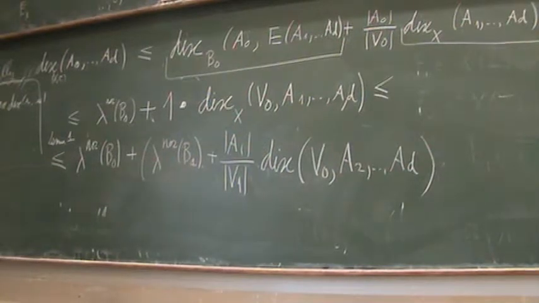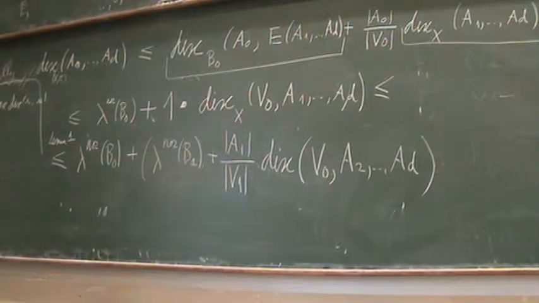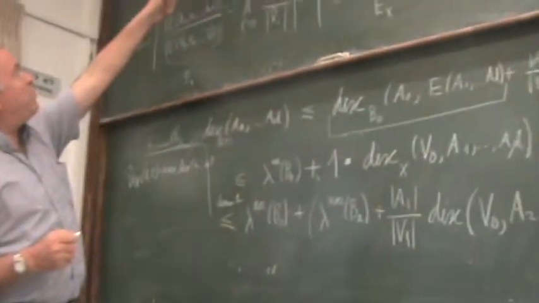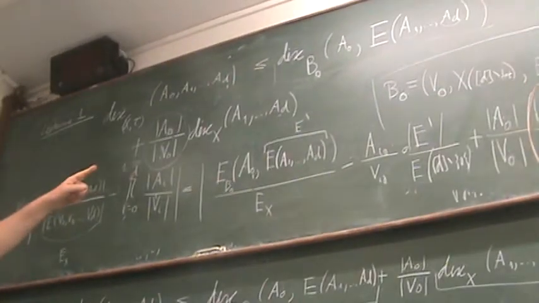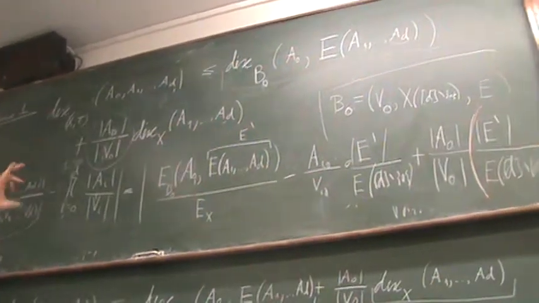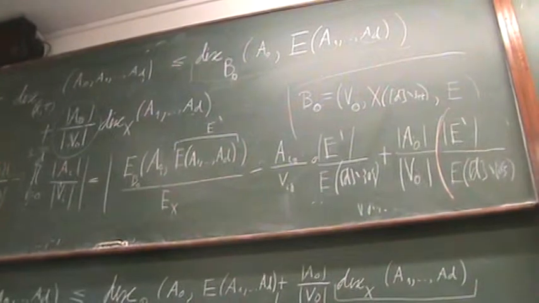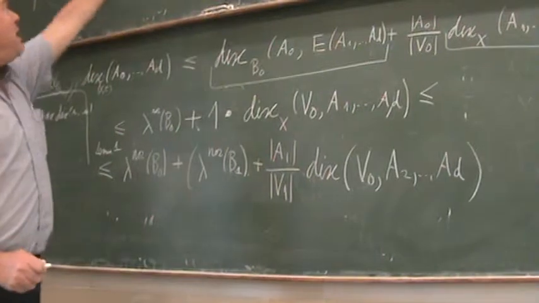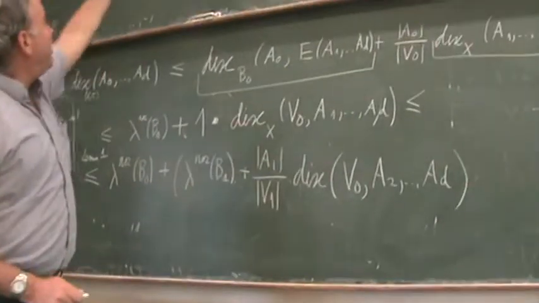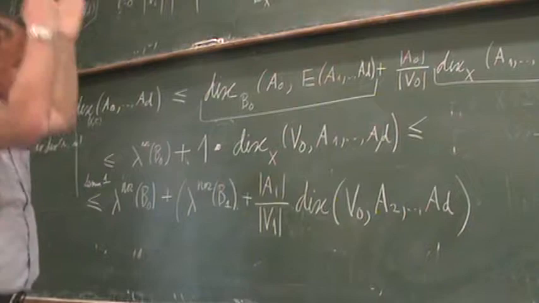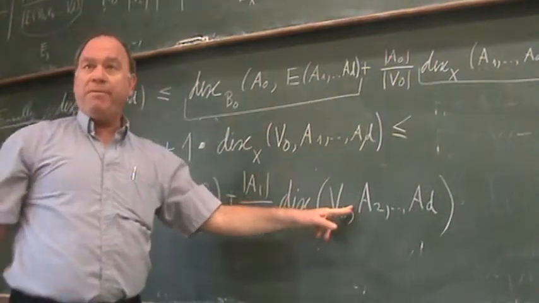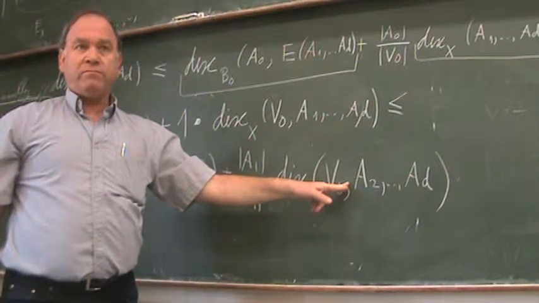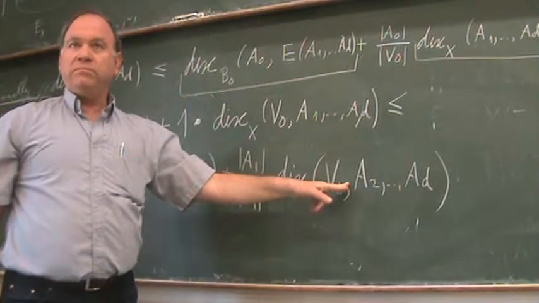Okay? Because lemma 1 told me that the discrepancy of A1 up to AD is at most the discrepancy in the bipartite graph of B0, but now I'm using it on the bipartite graph of B1, plus A1 over V1, the discrepancy if I eliminate the set A1. Right? Are you with me, right?